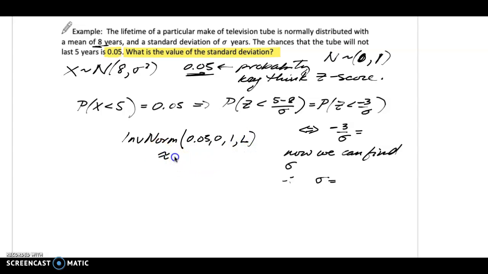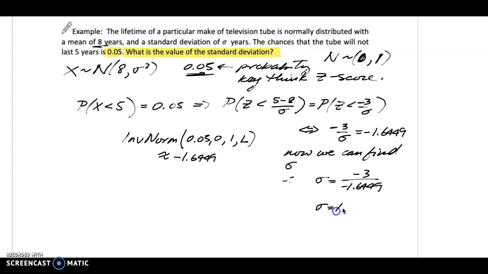That is approximately minus 1.6449. Therefore, minus 3 divided by minus 1.6449.